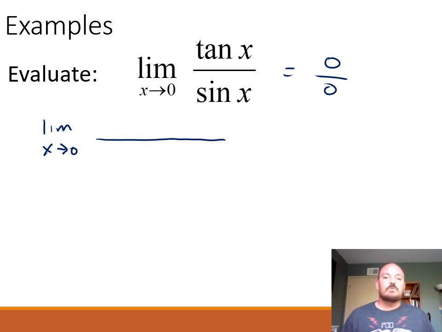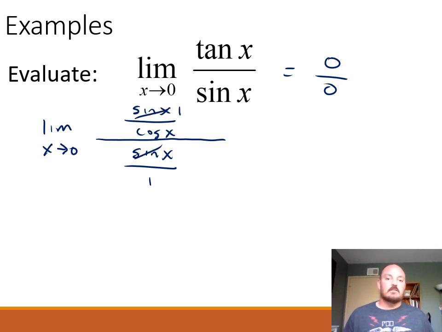Instead of L'Hopital's rule, what if I wrote tangent x as sine x over cosine x? And then the sine x, if I think of it as sine x over 1, those sine x's cancel. And what you get is just the limit as x approaches 0 of 1 over cosine x.